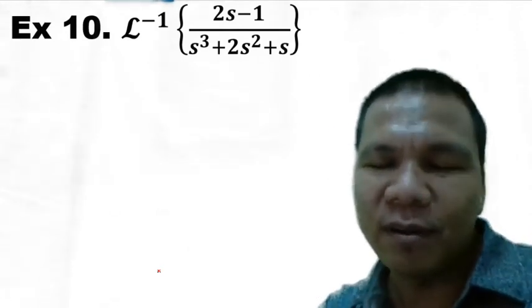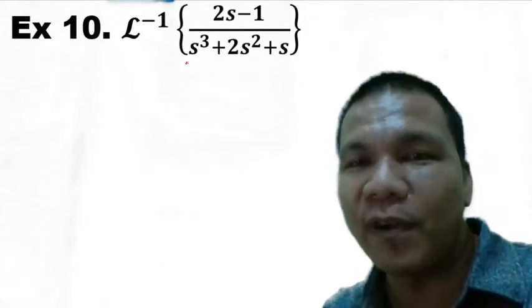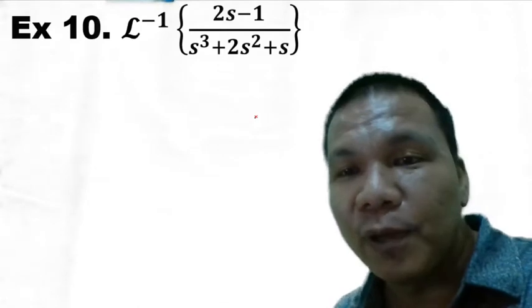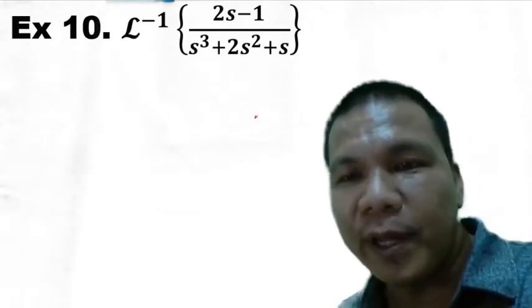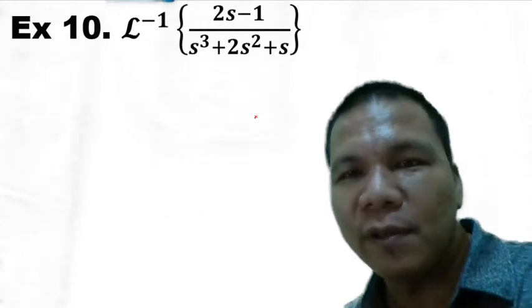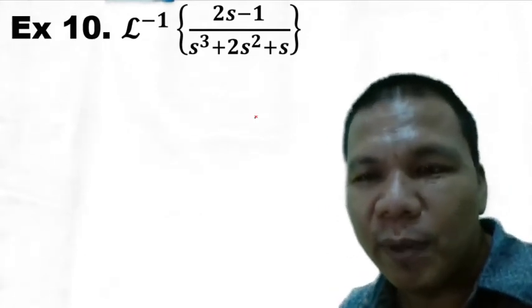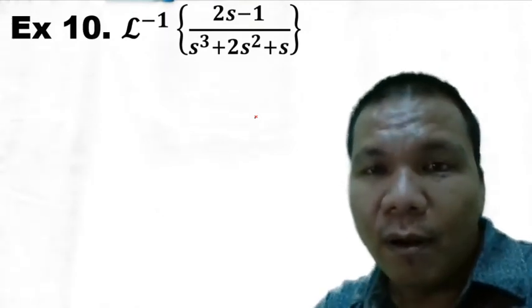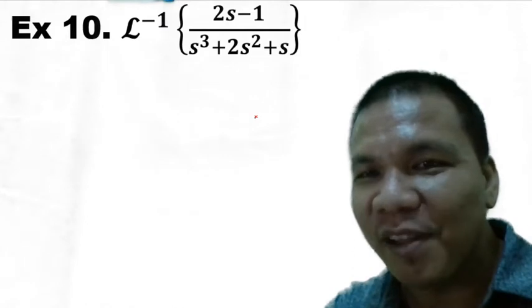First, try to assess if there is a common factor. If not, you will be using synthetic division, trial and error to find all the factors. But in this lecture, I will make it very simple. So first, factor out s, and what will be left? s squared plus 2s plus 1.